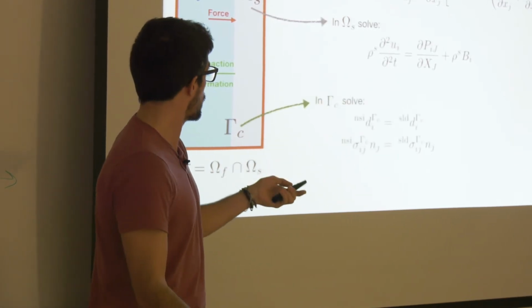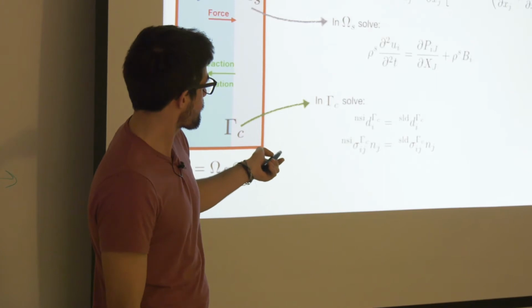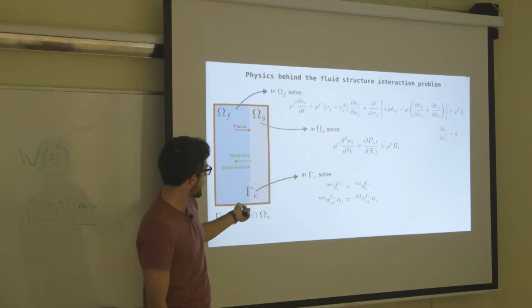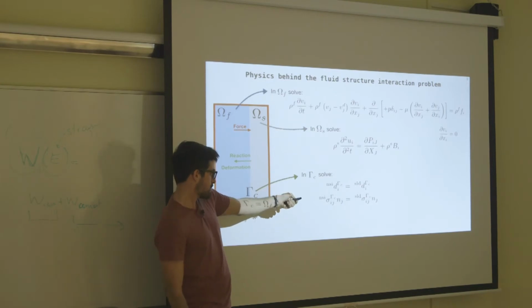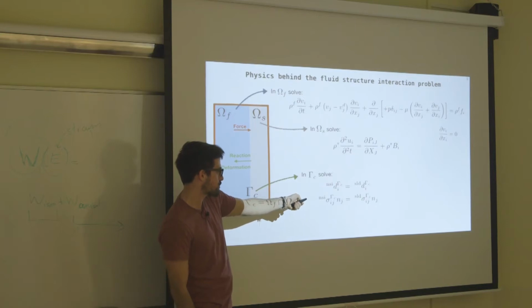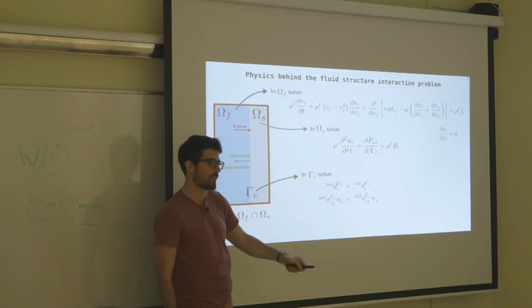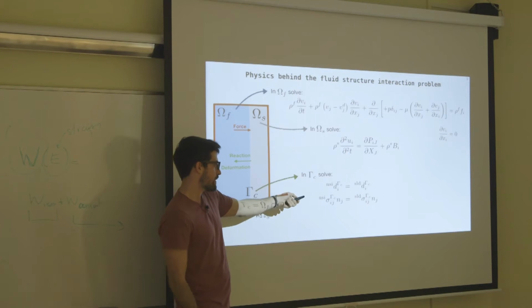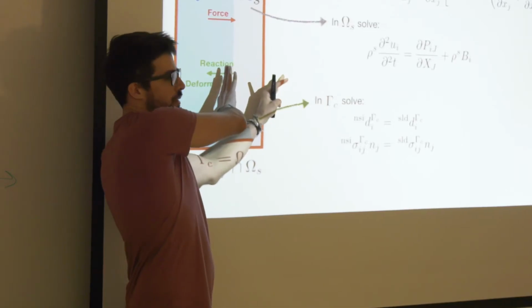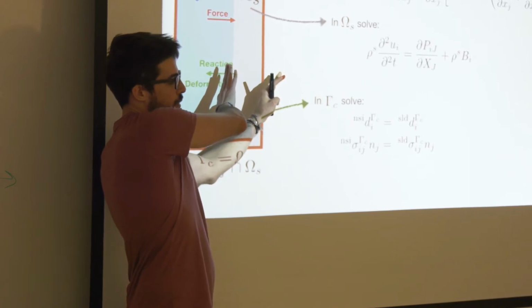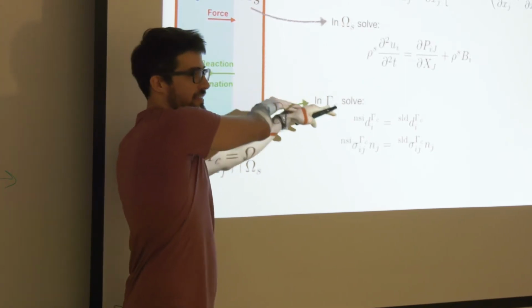And in the interface problem, on the surface, what you're doing is solving what is logical. This equation over here says that the displacement in the fluid domain should be the same as the displacement in the solid domain. So what does it mean? It means that if the bar deforms in that direction, the fluid domain, where you solve the problem, should be deforming in the same direction too.